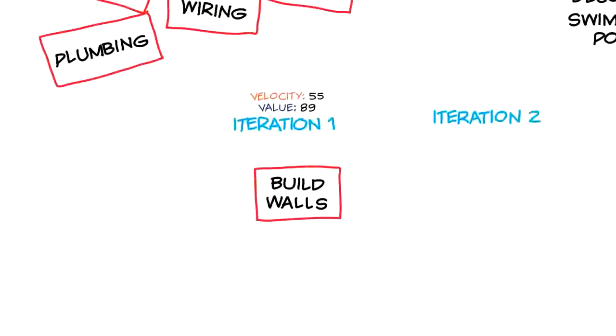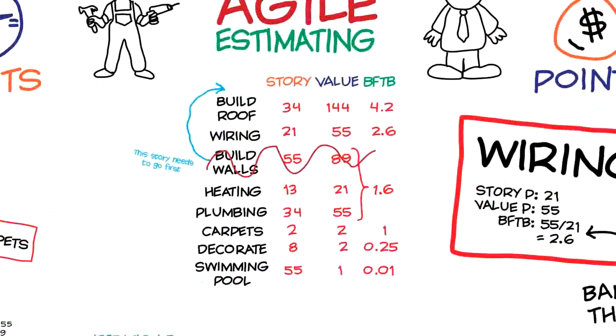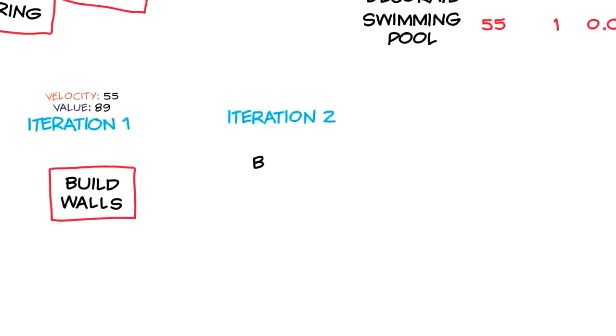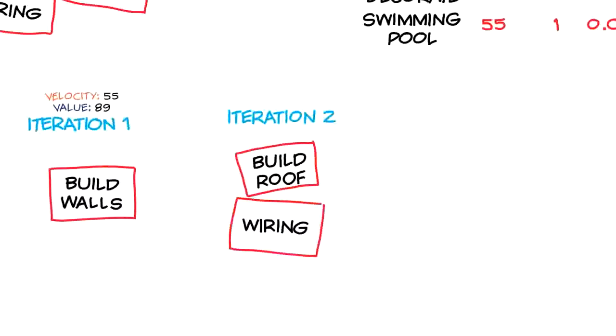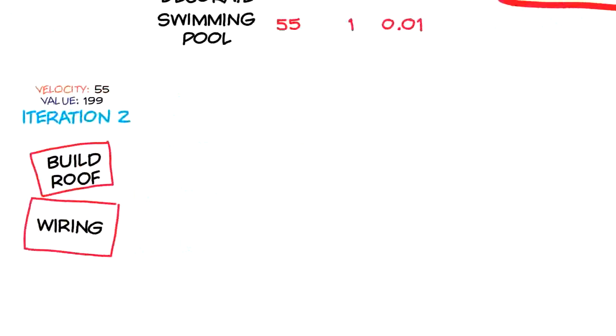So if we go back to the backlog, we know we have a velocity of 55, and looking at the second and the third stories, we can see that they've got values of 34 and 21 story points. Added together, they happen to give us 55. So we'll assume that in the second iteration, we were able to do 2 stories, and that gave us a velocity of 55 and now a value of 199. And we'll continue in the same way with all of the other iterations.